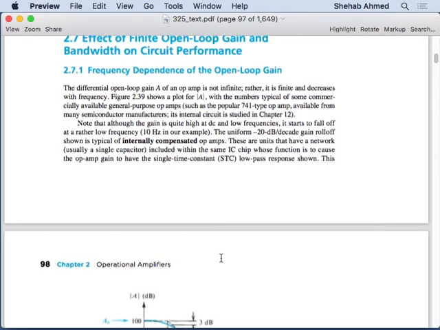The finite gain. So we initially designed or derived or looked at the op-amp inverting and non-inverting amplifier circuits, right? And we assumed that the gain was infinite. That was the original assumption. And then there was one section where we derived the gain of inverting and non-inverting amplifiers for a finite value of A, right?